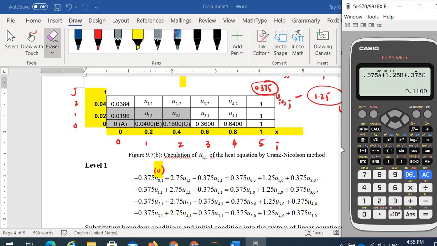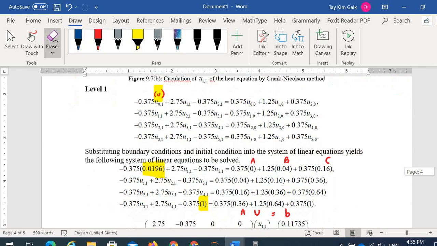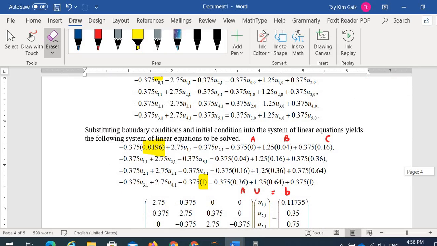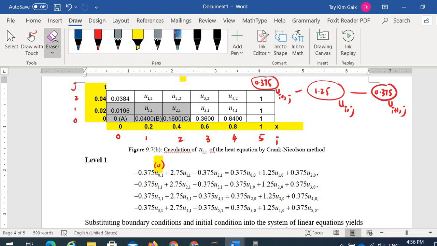But this one not yet, because in the first equation you have the boundary. Minus 0.375, U01 is 0. That's why this one times 0, you get 0. That's why at the first level you get the answer 0.11. This one is not 0, so you made a mistake.